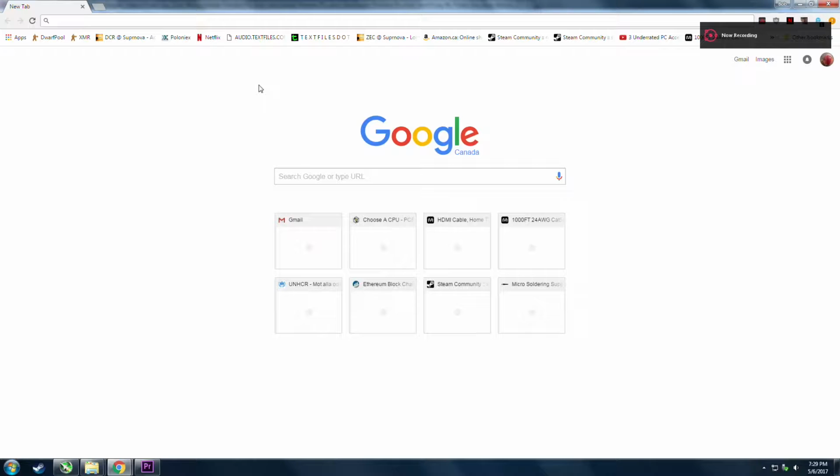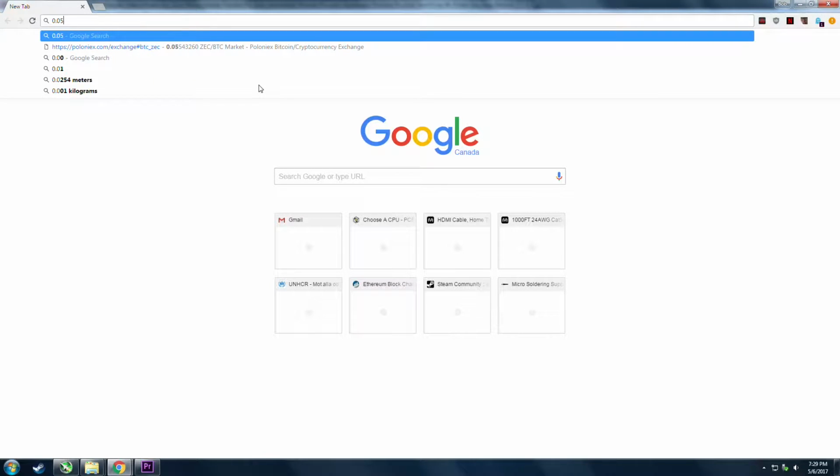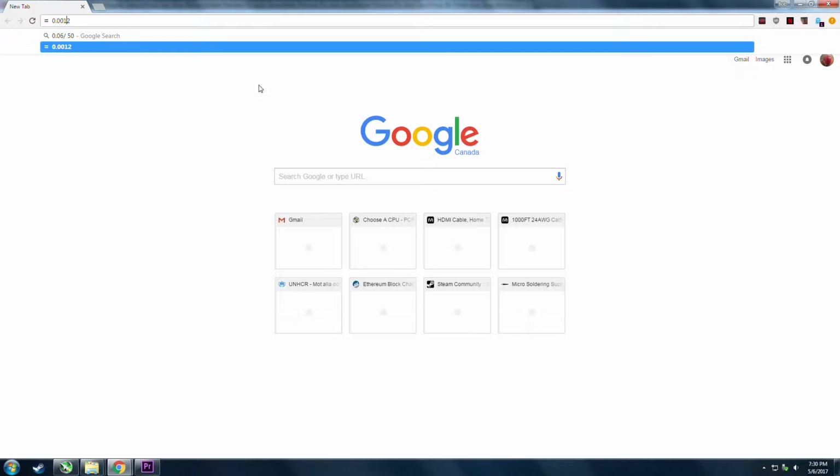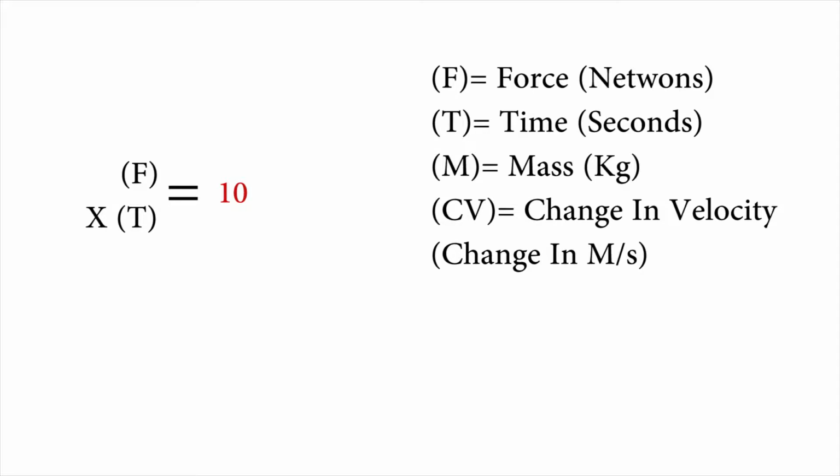Of course, all that's left is time. So to find time, we take the length of the projectile in meters. So because it's 6 centimeters, it would be 0.06. And we divide that by the velocity in meters per second, which we know from earlier was 50. And that gives us 1.2 milliseconds. Okay, so in its current state, we can't complete the equation.